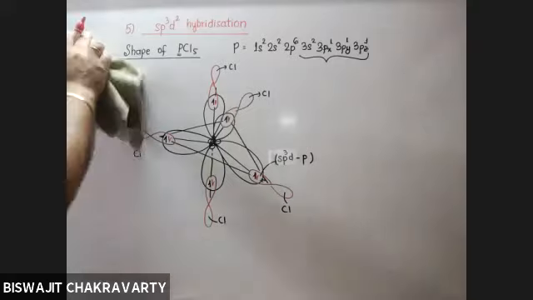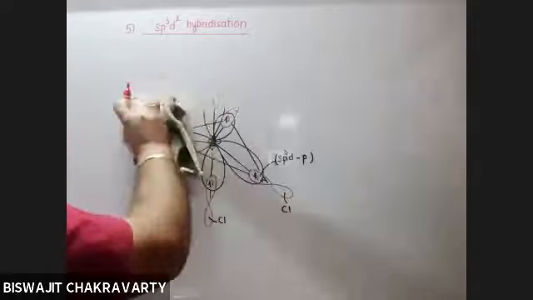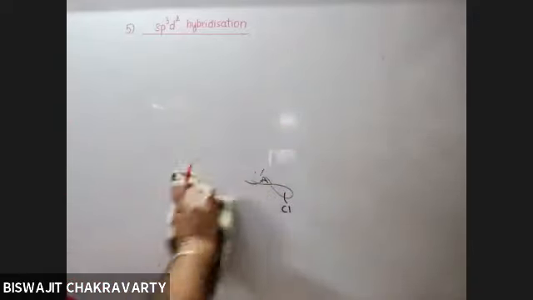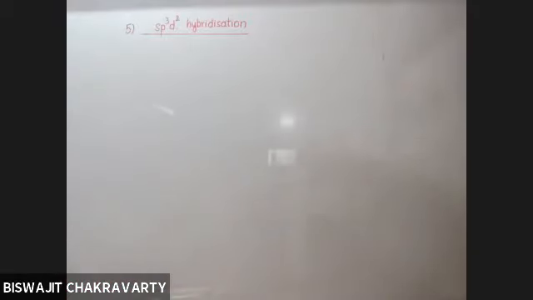sp3d2 hybridization. Now, more or less, you get an idea that as we keep on increasing the orbitals, the number of hybrid orbitals will also increase. Total of how many hybrid orbitals will be produced here in sp3d2? 6.